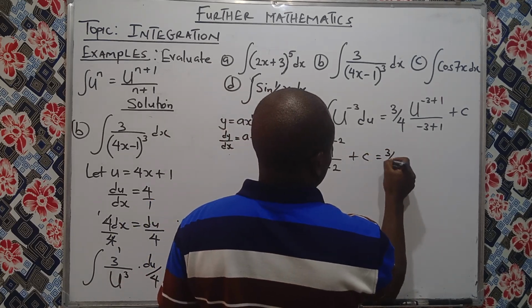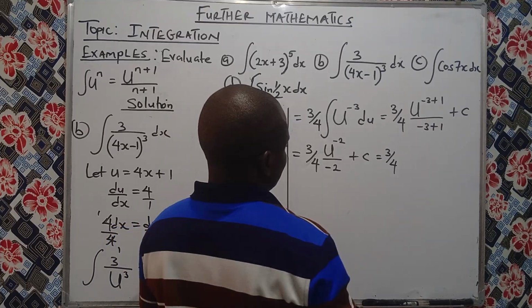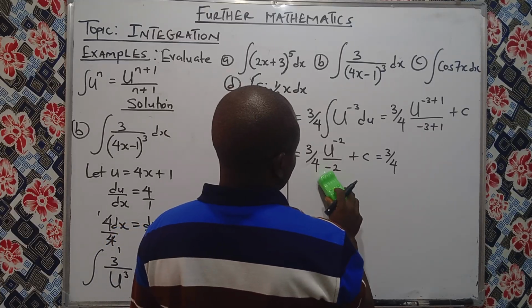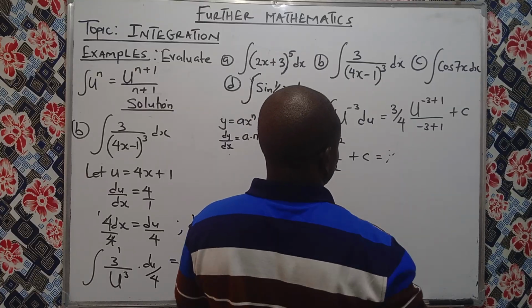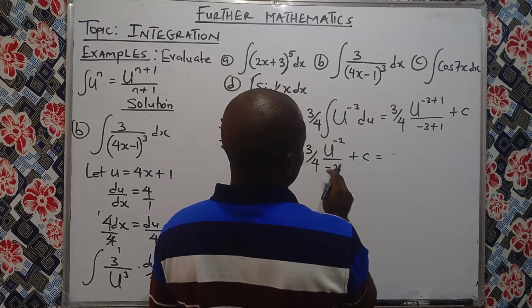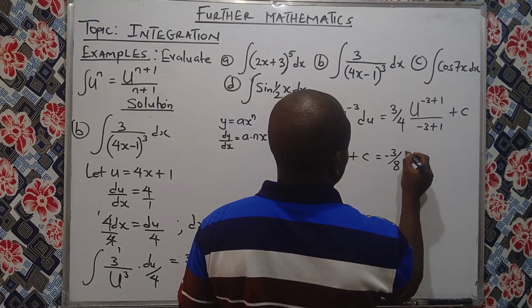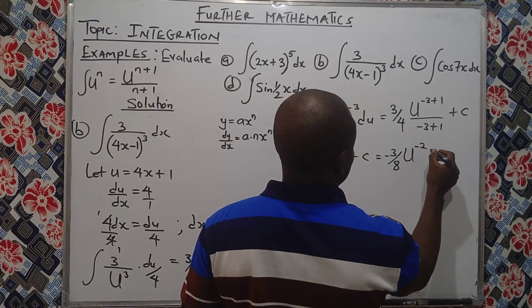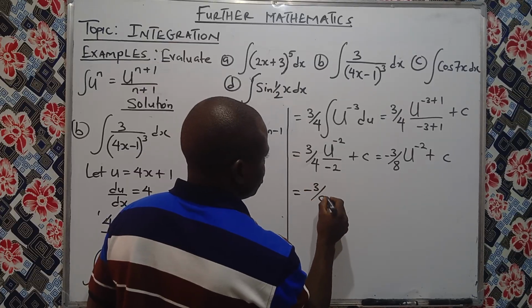What's 3 over 4 times minus 2? 4 times minus 2 is minus 8. That's minus 3 over 8 u raised to power minus 2 plus c.